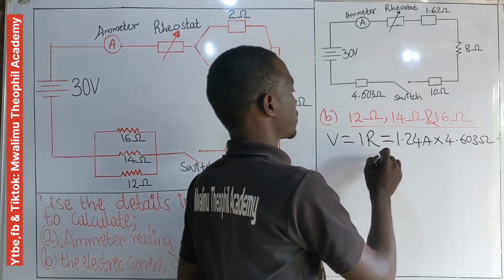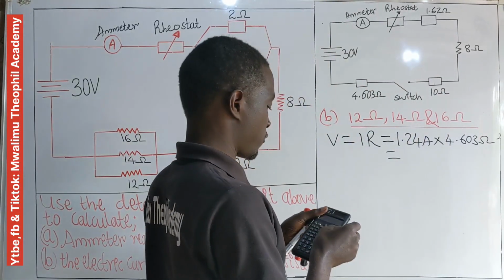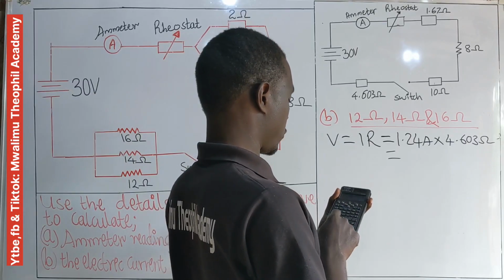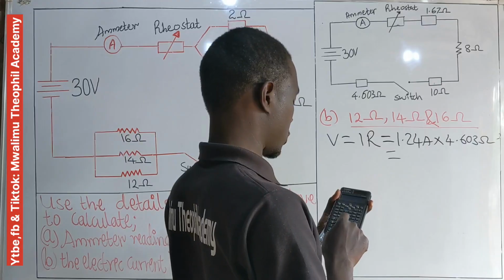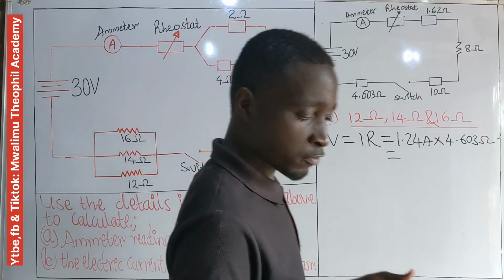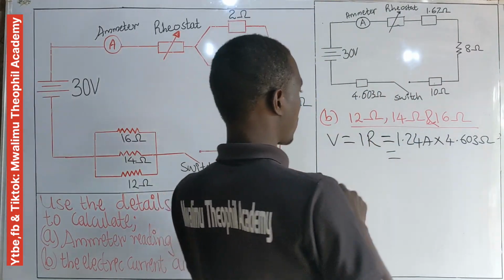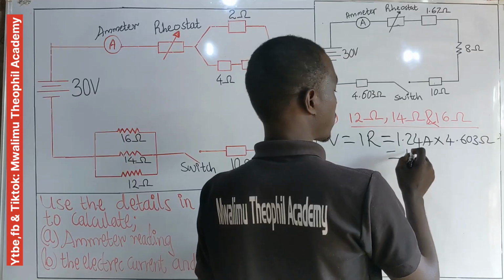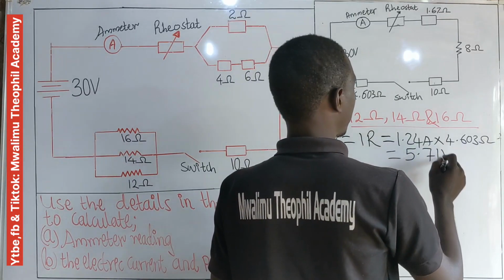Now, let's compute this. When we compute, we have 1.24 times 4.603. We get 5.71 volts.